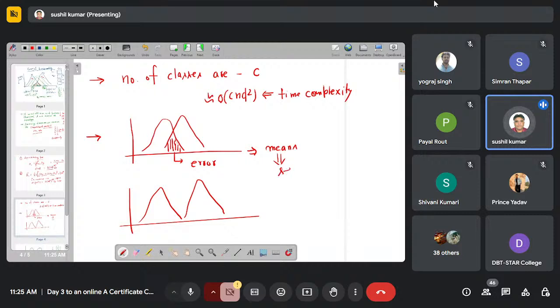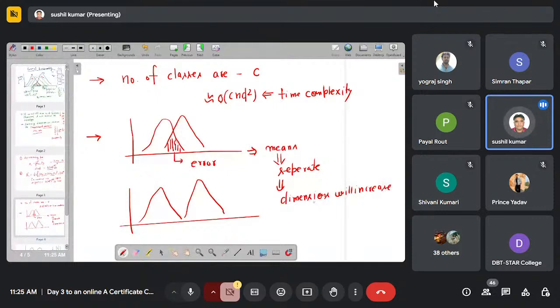If you want to separate the mean, then you have only one choice. What is the choice here? You will increase the dimension. Why are dimensions increasing? Because you are adding more features.